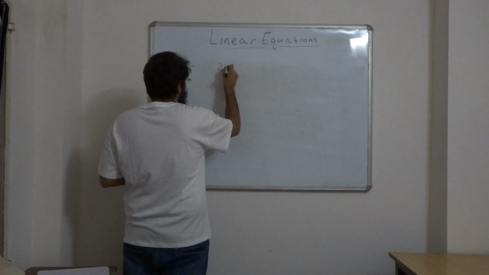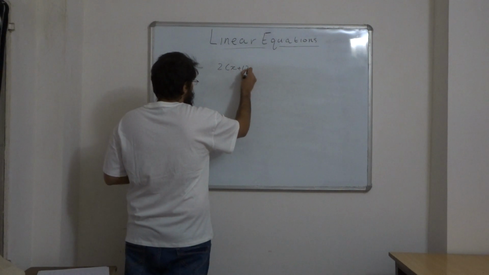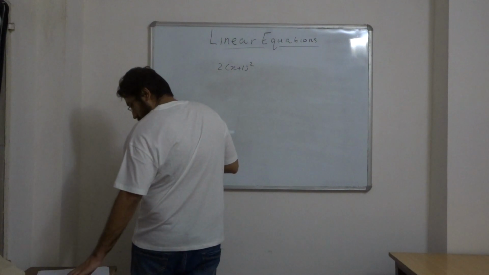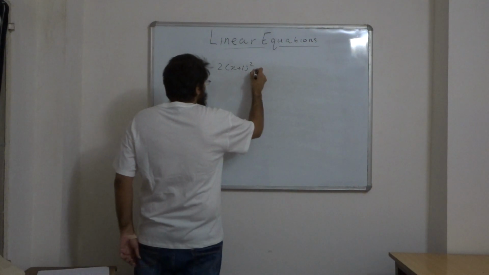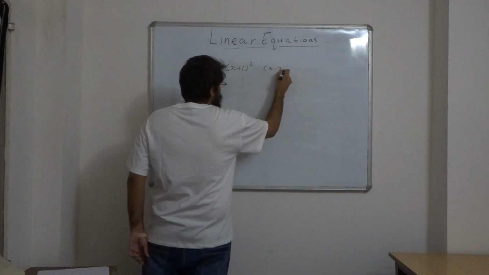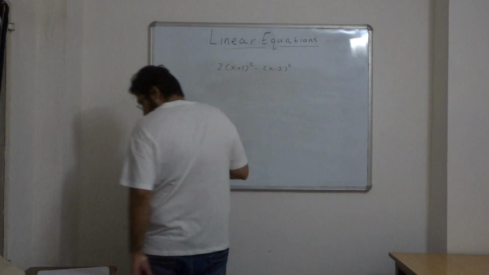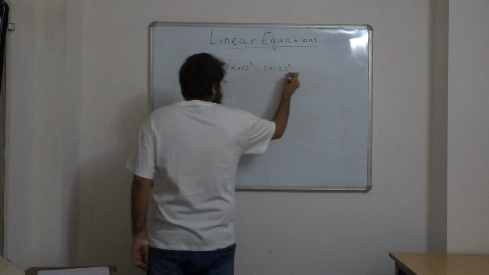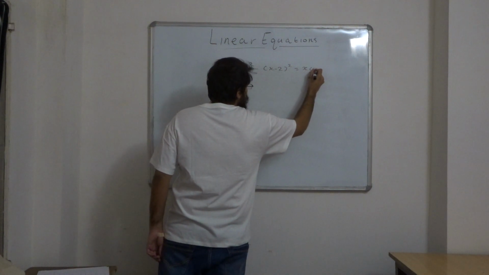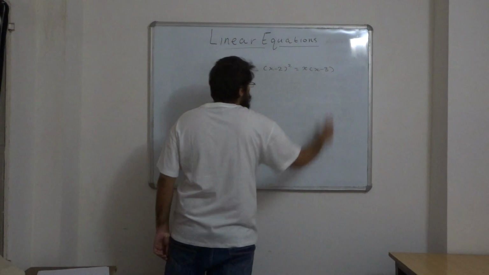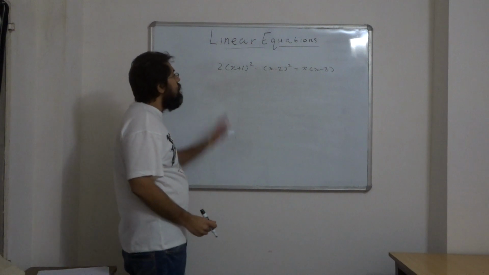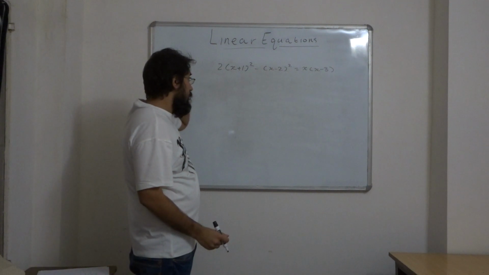Let me just write it again. So you have 2 over x plus 1 squared minus x minus 2 squared equals x over x minus 3. Just remember the same thing that I told you here.